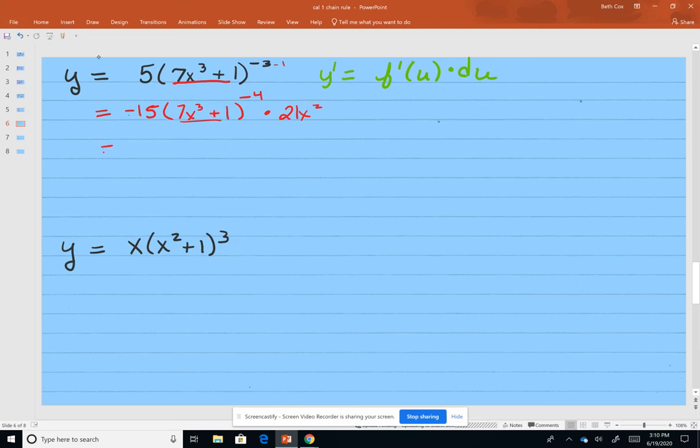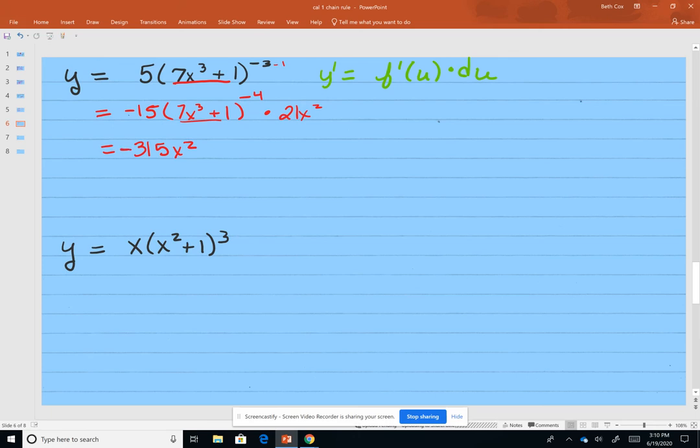Tried to simplify this out a little bit. Well, I've got to do 21 times 15. I think it's 315. Yeah, 315 x to the second, and it's negative.